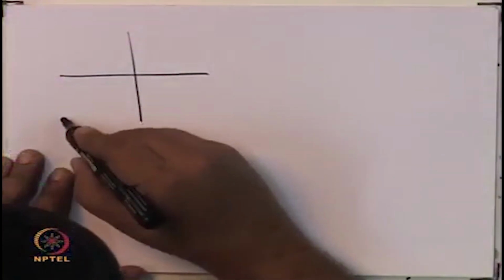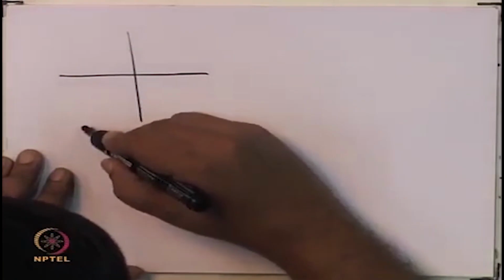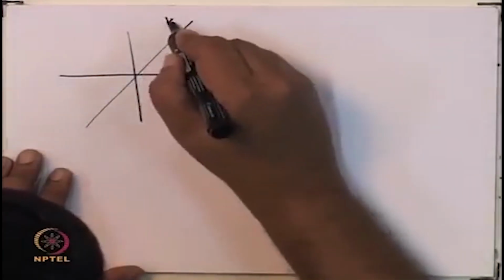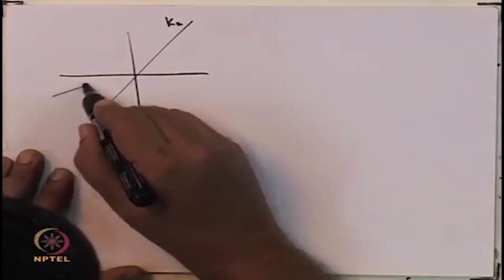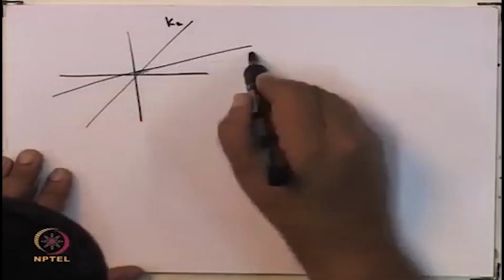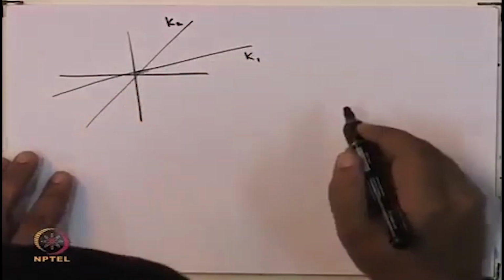So let us now look at what happens as you change the nonlinearity, or the sector in which the nonlinearity is present. Suppose you take this nonlinearity and let us suppose this is slope k2 and this is slope k1.